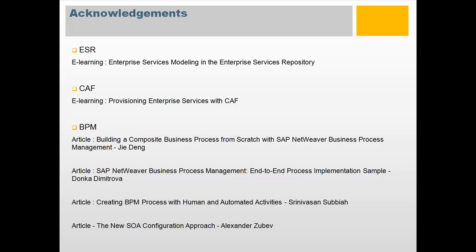For the configuration of the automated activity, I looked at the article by Srinivasan Subya called Creating BPM Process with Human and Automated Activities. And if you're interested in that kind of stuff, I also recommend you read the article The New SOA Configuration Approach by Alexander Zubev.